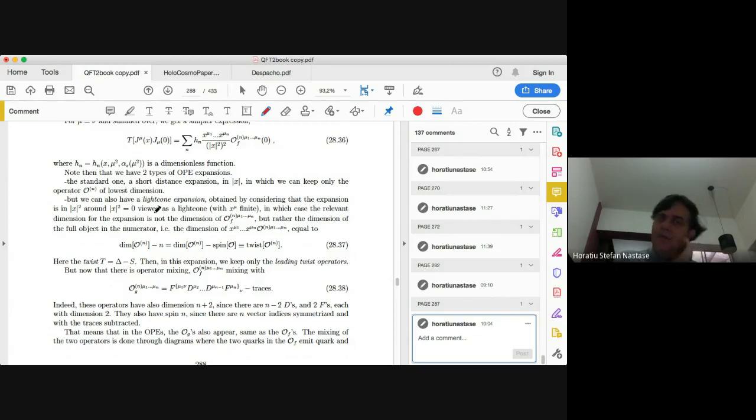So we can then have a different kind of OPE where x doesn't go to y, but rather modulus of x minus y goes to 0 with x minus y finite. That would be a light cone expansion, near the light cone.